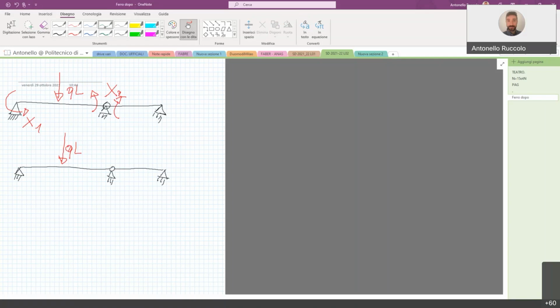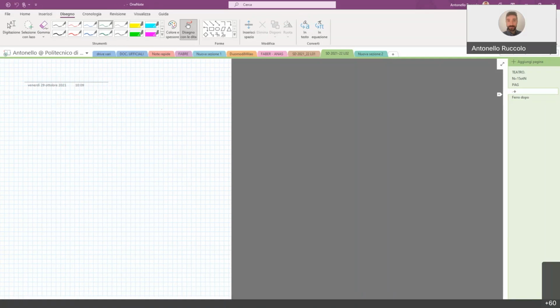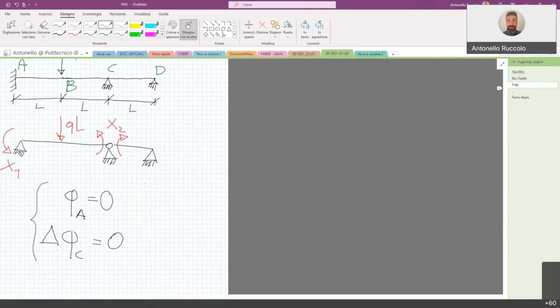The rotation in C. Here. We have to find the rotation associated to the node A and the difference of rotation between the left-hand side and the right-hand side in the node C associated to QL, because the actual values of x1 and x2 will be the two values that, associated to this geometry and this external load, will allow us to have 0 rotation in the node A and 0 mutual rotation in the node C.